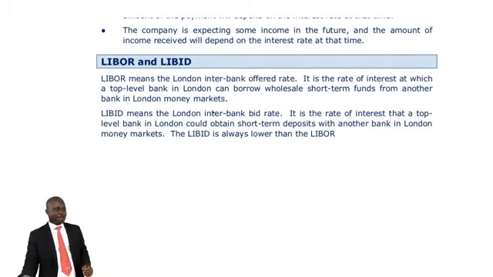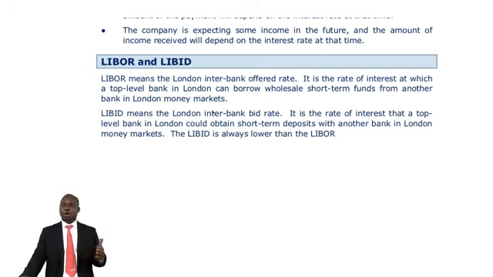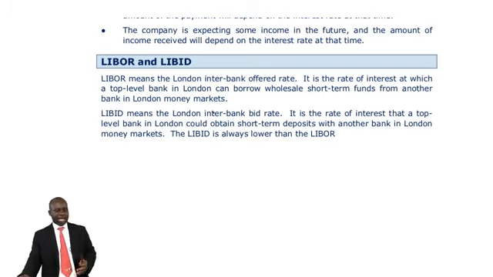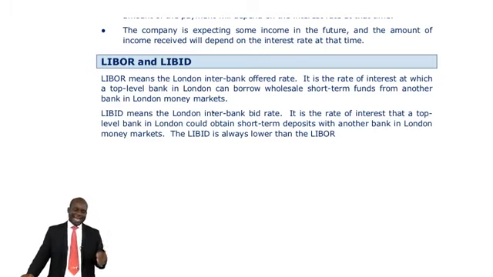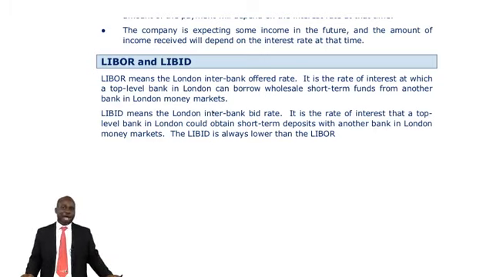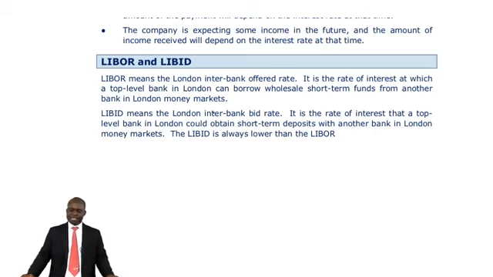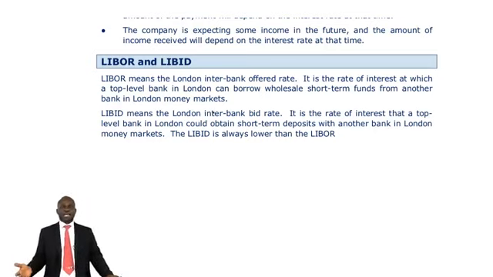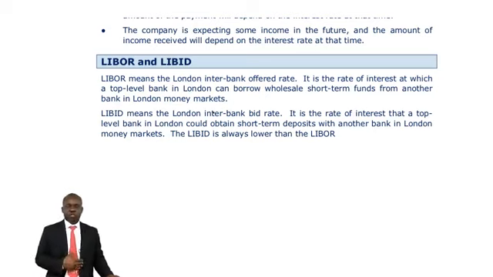Okay, now let me explain this. LIBOR and LIBID. It's just the same as the offer and the bid. LIBOR is simply the London interbank offer rate. Some terminologies: the examiner might not use LIBOR, the examiner might use interbank rate, full stop.